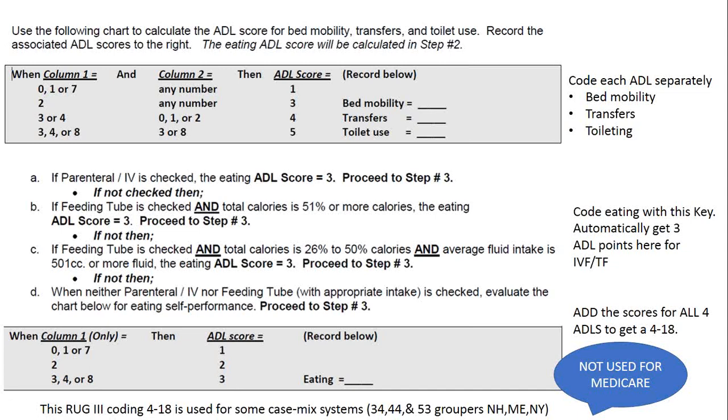And then you add up all of those, and remember again, this is not used in Medicare. So that hopefully helps you understand a little bit more about the ADLs and how they can be used and the types of questions you should ask and when you should be alerted to stop any sort of discussions or meetings to further investigate your documentation.